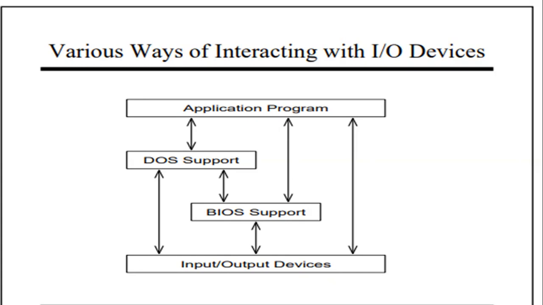Input output devices can work directly with the DOS port, or parallelly with the application program with the help of the BIOS port and the DOS port. So this is a very simple diagram of how input output devices interact with the application program through DOS and BIOS.